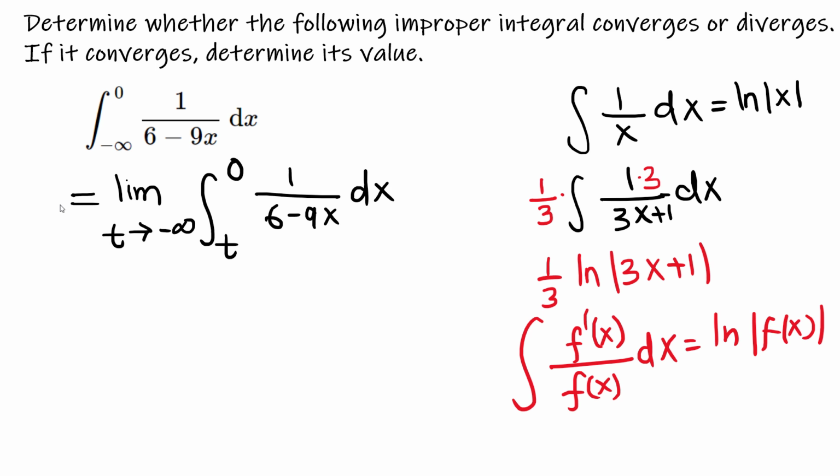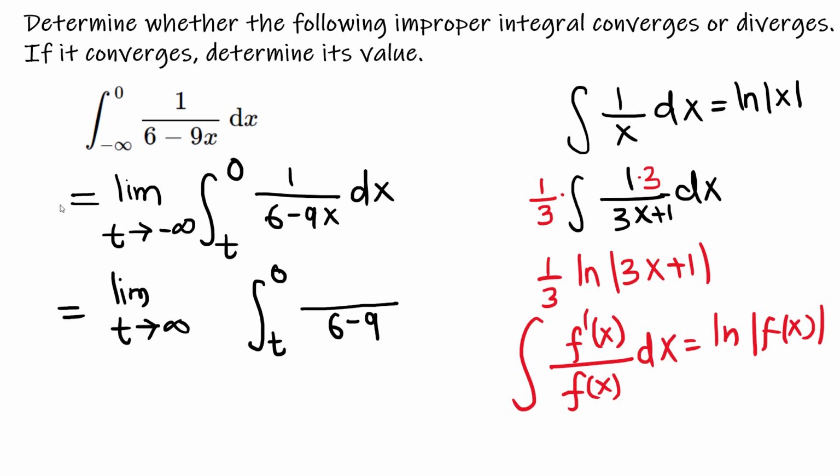We have the same situation here. 6 minus 9x, its derivative is negative 9. So I want to multiply the top by negative 9, and to balance that I divide by negative 9. Let me rewrite this. This is the limit as t goes to negative infinity of the integral from t to 0.